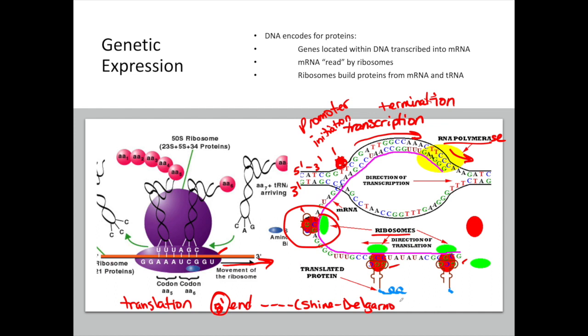And the Shine-Dalgarno sequence is a very specific sequence that's conserved in bacterial DNA and then transcribed into the RNA. The Shine-Dalgarno sequence is used to initiate. And in initiation here, the Shine-Dalgarno sequence sets what's referred to as the reading frame.